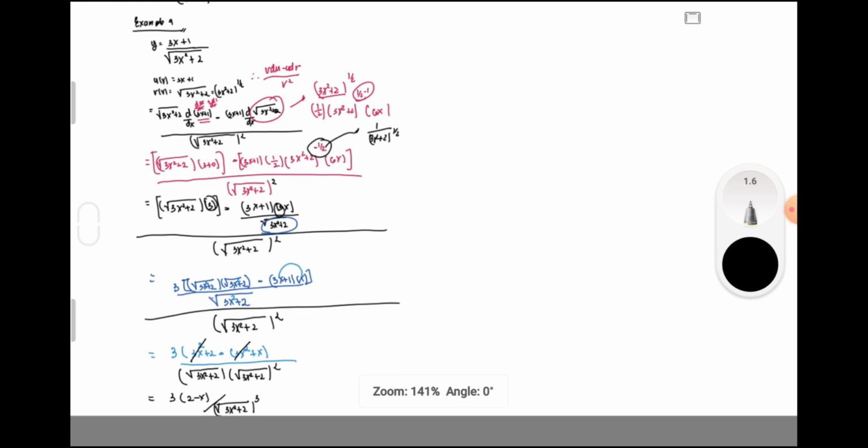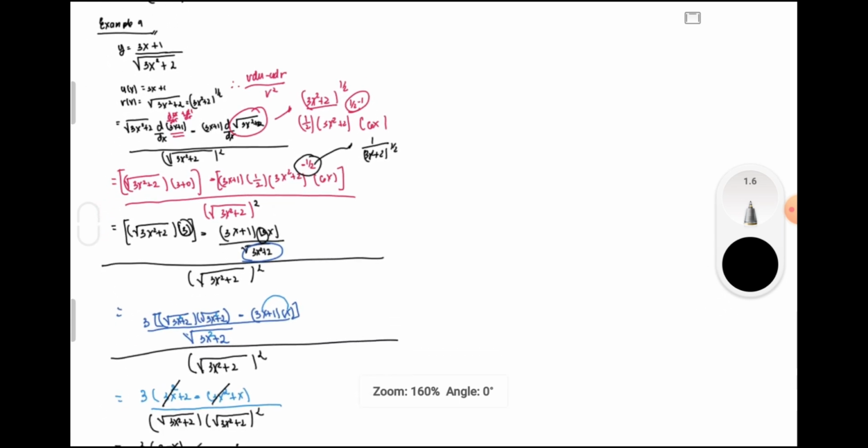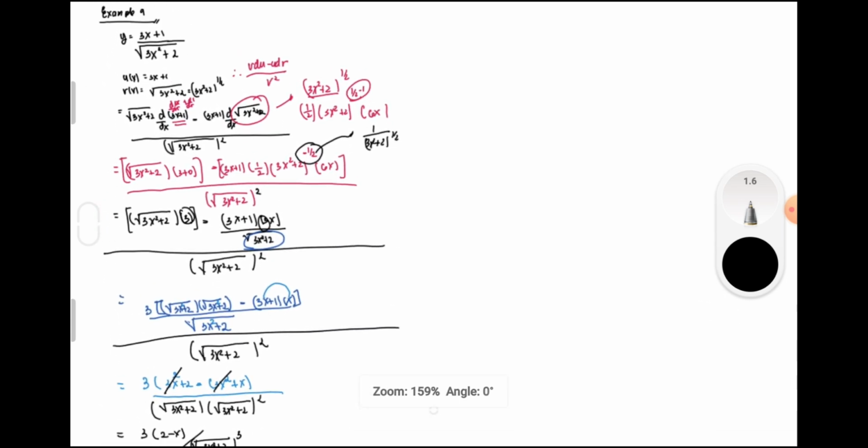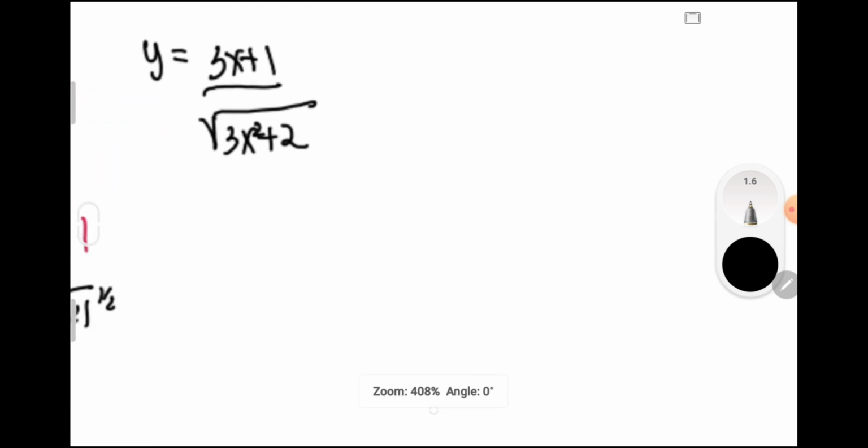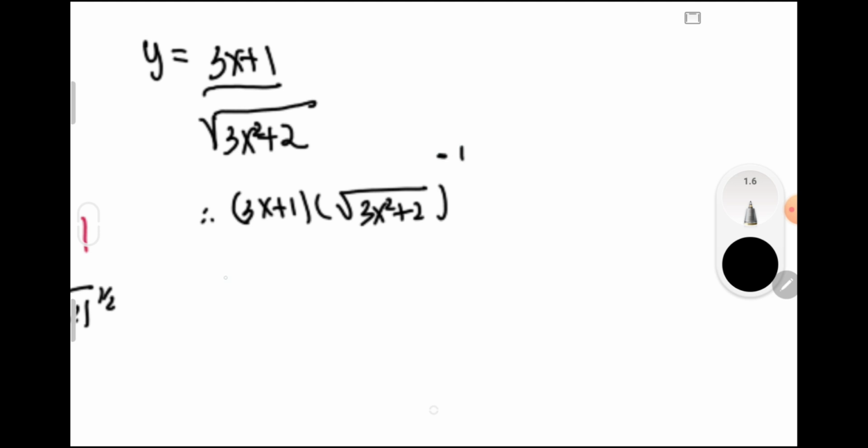So how about pag ginamitan natin siya ng product rule? So pag gagamitan natin siya ng product rule, ang gagawin natin is y is equal to 3x plus 1 divided by square root of 3x squared plus 2. Diba? Ang gagawin mo dito is that we have 3x plus 1 multiplied by square root of 3x squared plus 2 raised to negative 1.